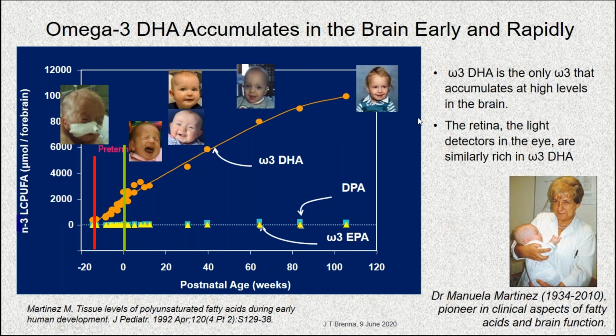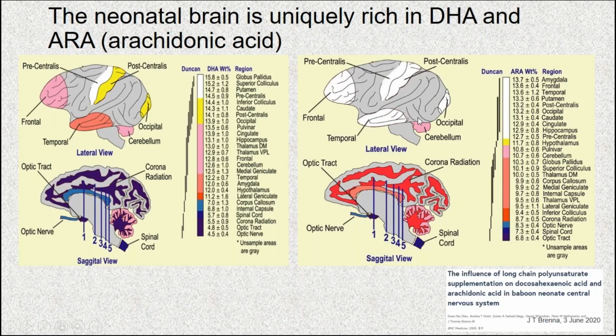We can then ask, where is it in the brain? Well, it turns out, and I'll just go through this very, very quickly. This is a study we did in non-human primates, but mapping it, the brains are very similar among all primates. And this DHA is actually rich throughout the brain.